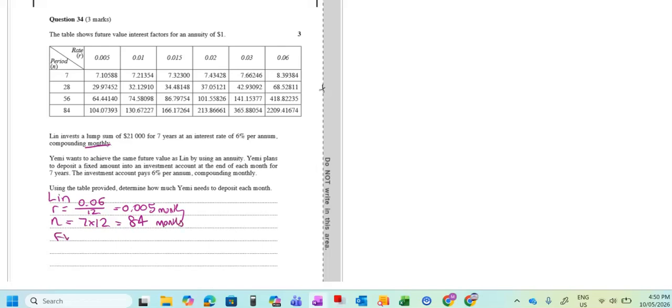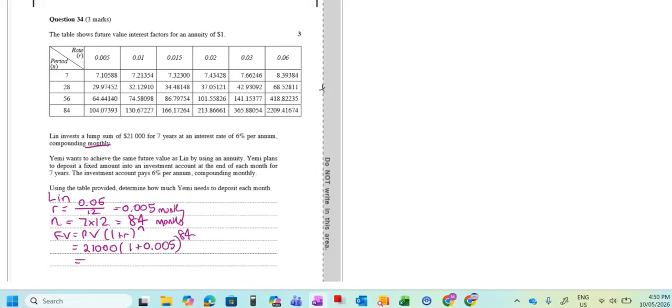Okay, so now I'm going to use future value equals present value times (1 plus r) to the n. So I've got 21,000 being invested at a rate of now 0.005 raised to the power of 84.